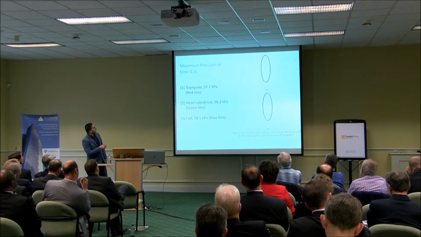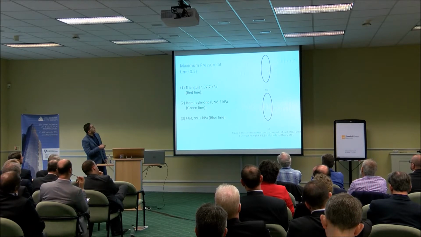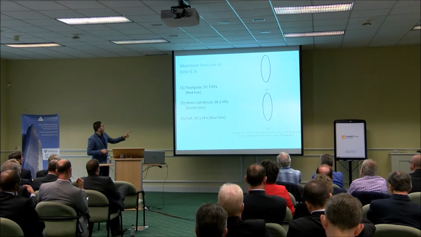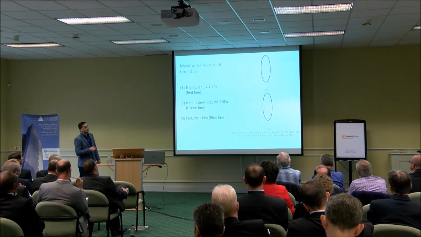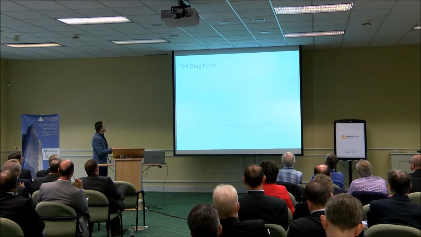And the green line represents the pressure that acts on the hemi-cylindrical lift. The red line represents the pressure that acts on the triangular lift, which is the lowest value in here, which is 97.7 kilopascal.